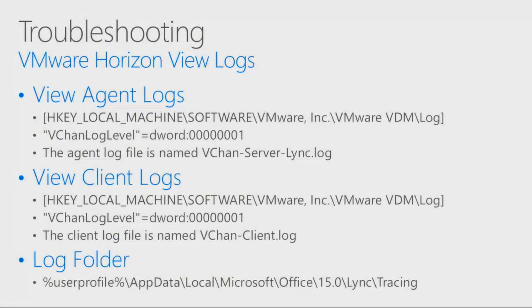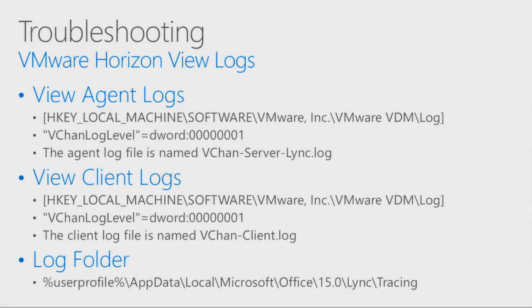So let's say you went through all the troubleshooting steps that Lester and Kushal covered, and you're still having problems. When you call into VMware tech support, they're going to ask you to enable the following logs on the View agent and the View client. Those are the paths in the registry where you can set it. You set the vChannel log to DWORD 01, and essentially what that does is it enables verbose logging, and it collects the log necessary to monitor the virtual channel and see what's being sent over it.